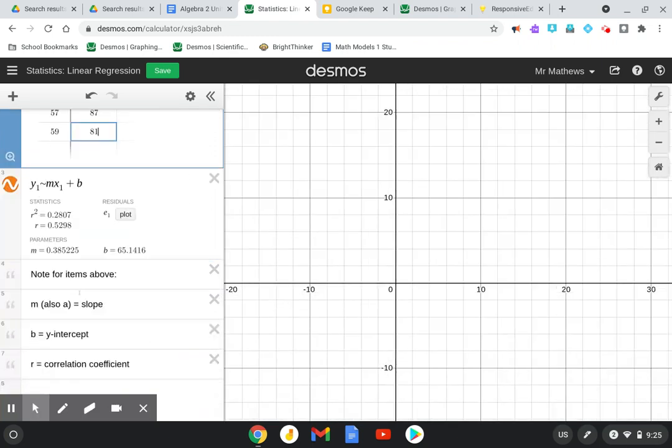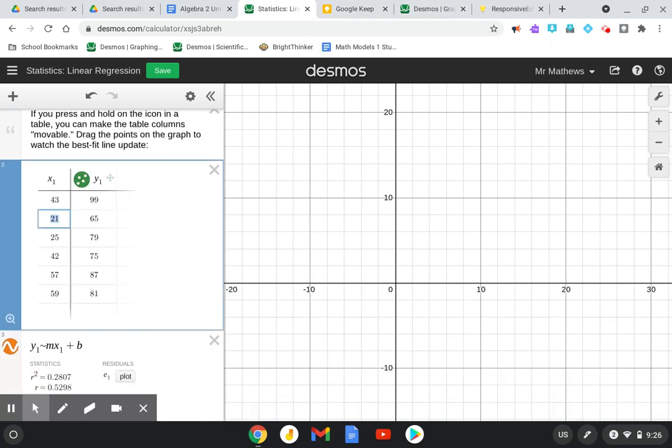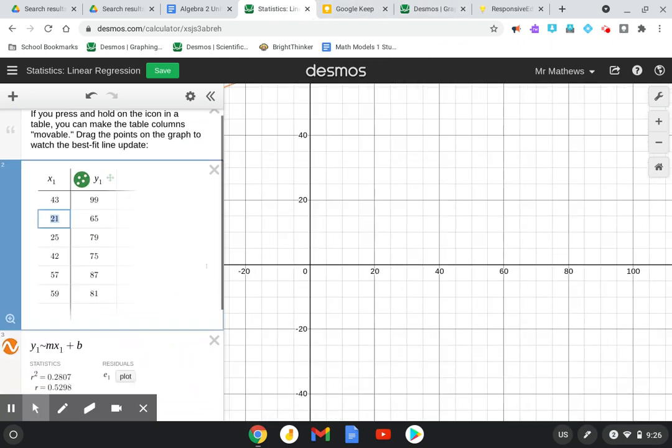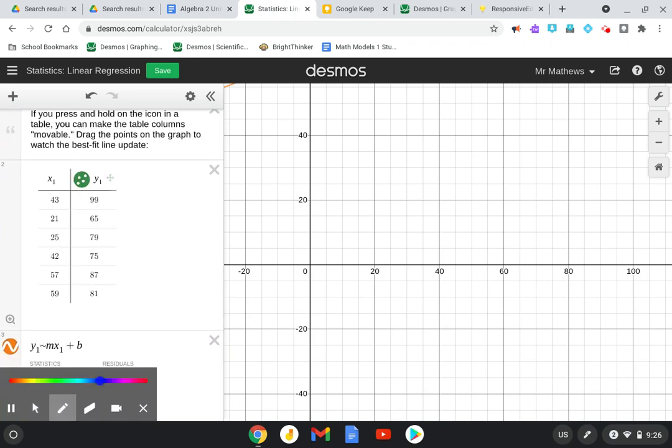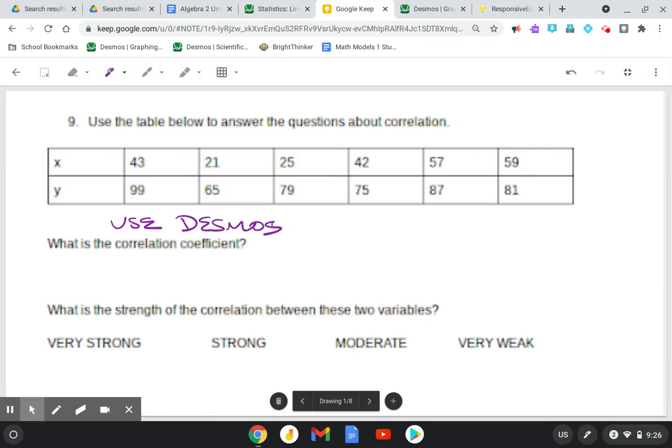Well, you can't see the graph, but that's not really what matters. You need to find the R value. So we see here the R value is right here, 0.5298.